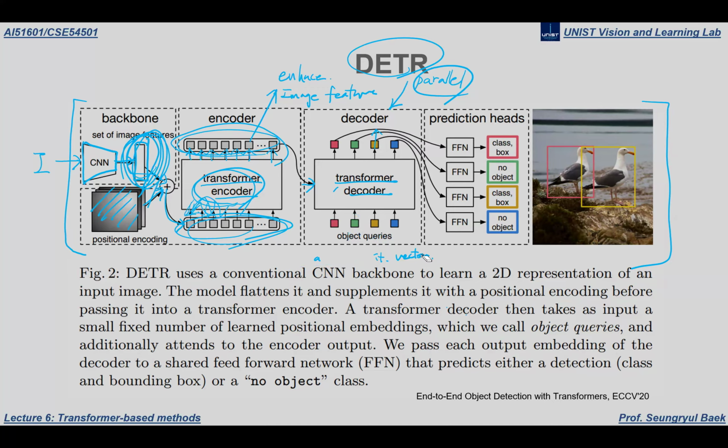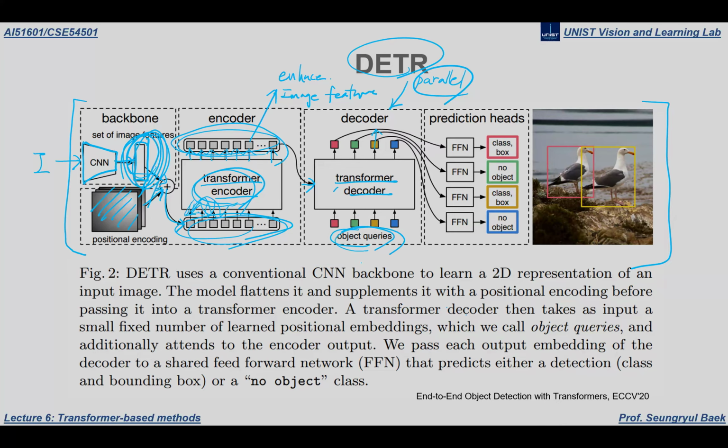Later, the researchers realized that these object queries are one of the reasons why DETR works suboptimally. Later, we will see how we can improve these object queries to have some semantic meaning.